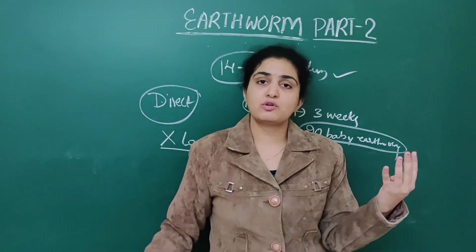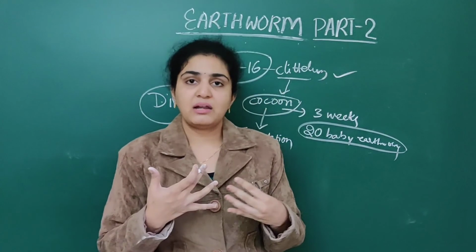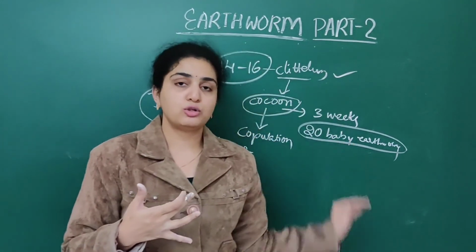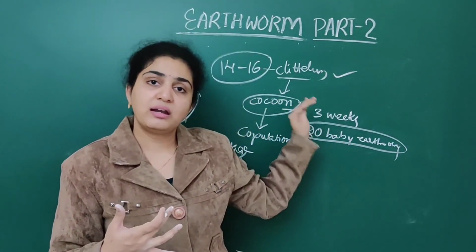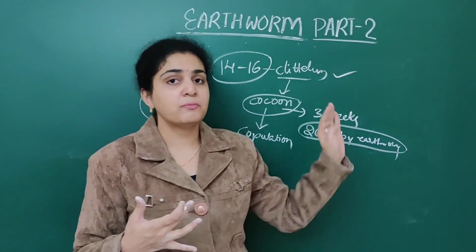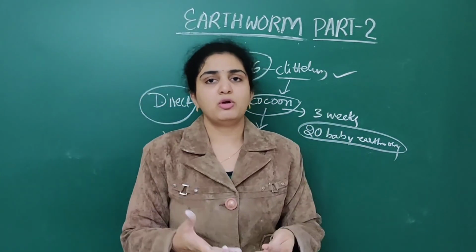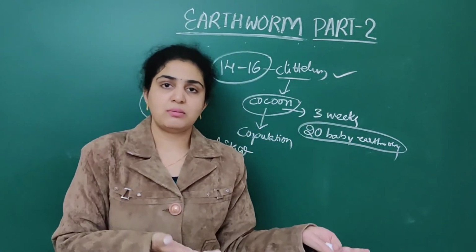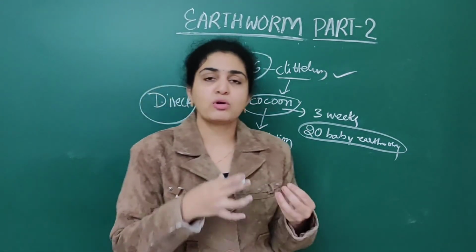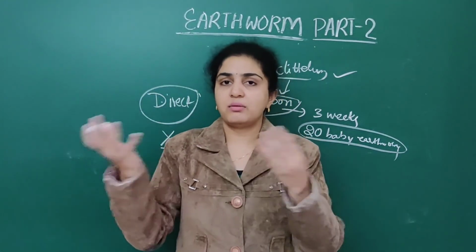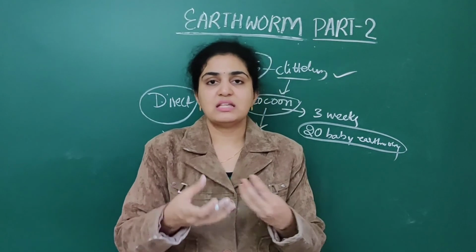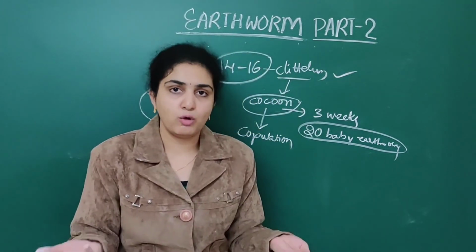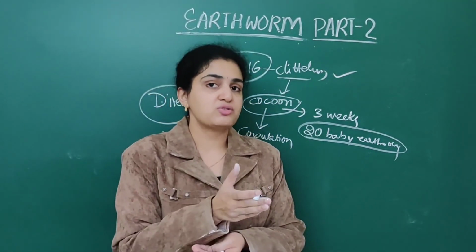Among these 3 types of nephridia, septal nephridia extend from the 15th to the last segment, integumentary from the 3rd to the last segment, whereas pharyngeal, by name only we can understand, only the 4th, 5th, 6th segments. Numerous nephridiopores are present. All the waste products come out through nephridiopores, because it's a funnel shaped structure.